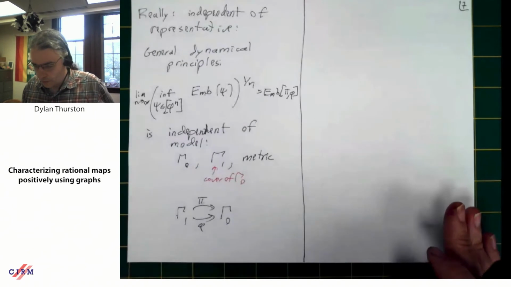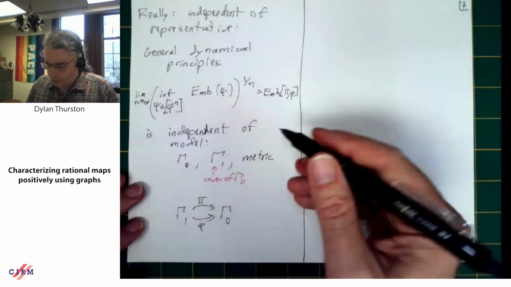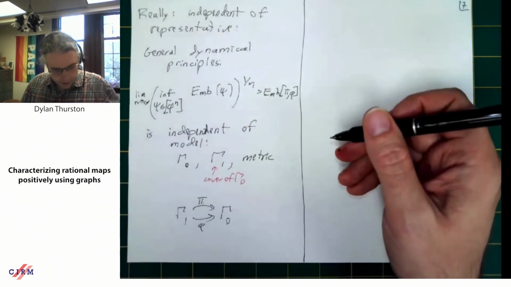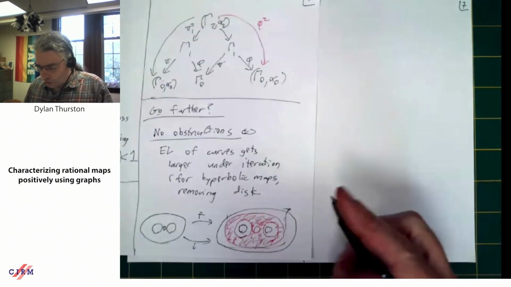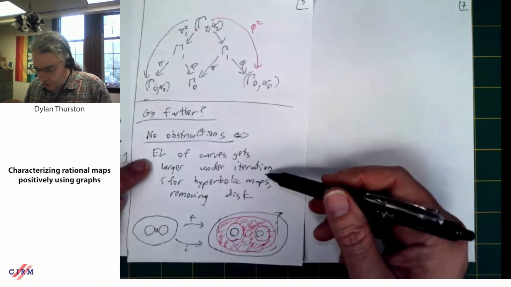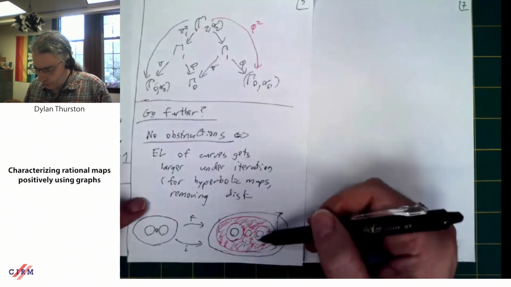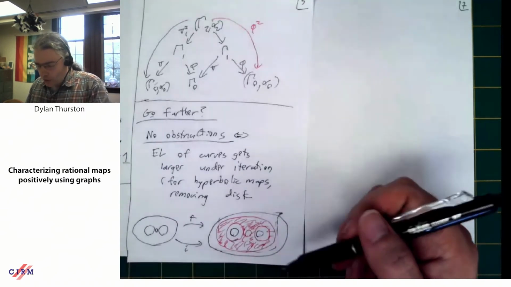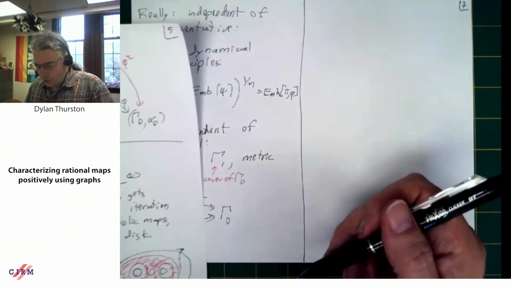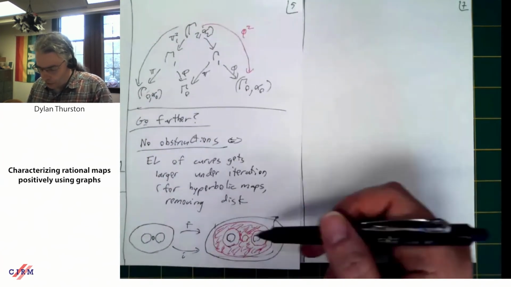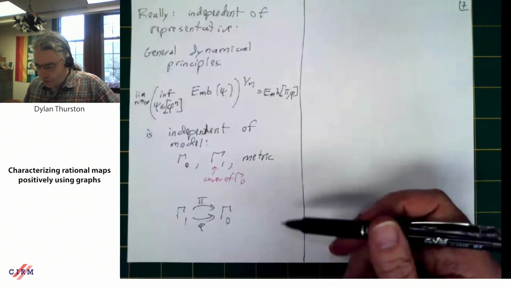Great. The other part of this is that this is related to how extremal lengths necessarily get larger and larger for rational maps. I'm looking at the asymptotic growth rate of that, which is going to be greater than 1.